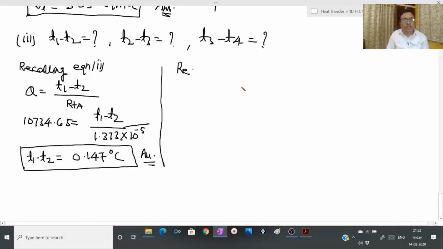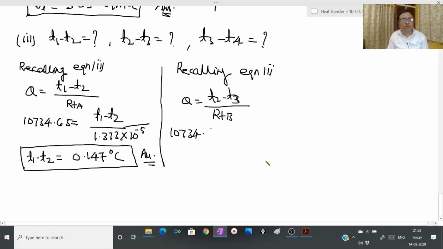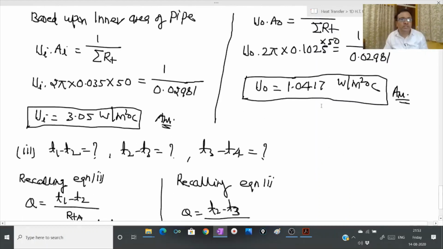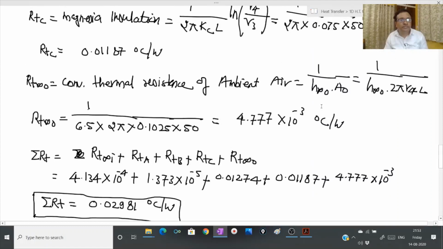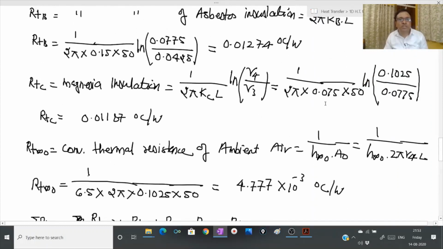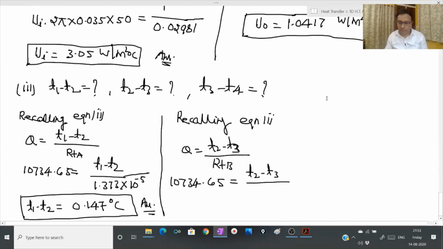Then recalling equation 3. Q is T2 minus T3 over RTB. 10734.65 is equal to T2 minus T3 over the value of RTB, which is 0.01274.